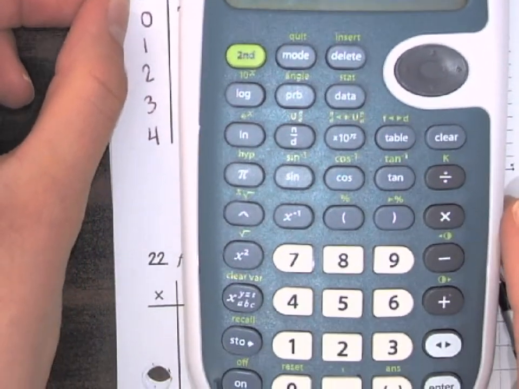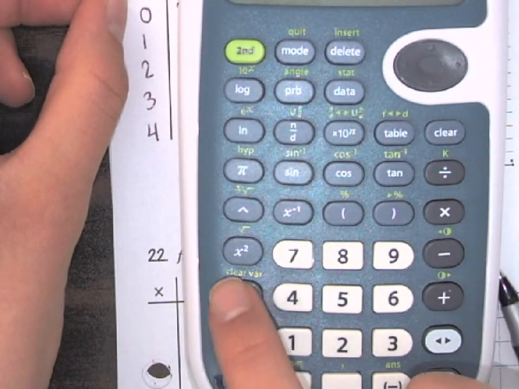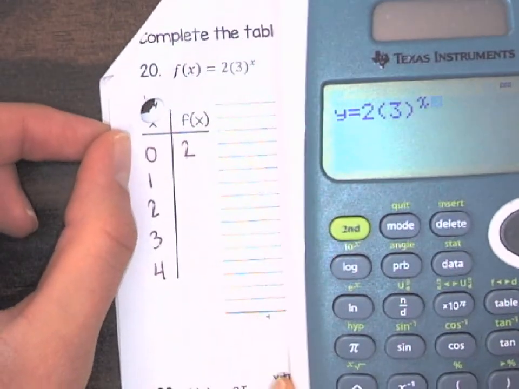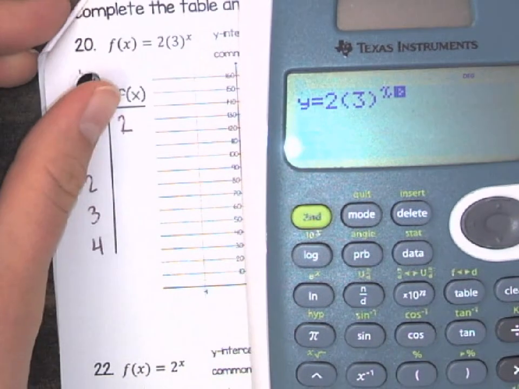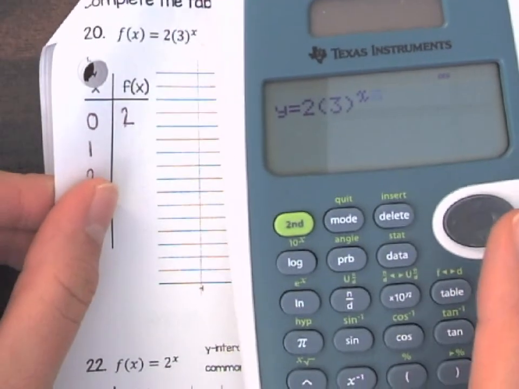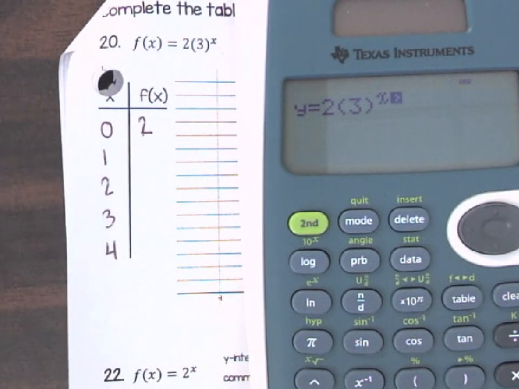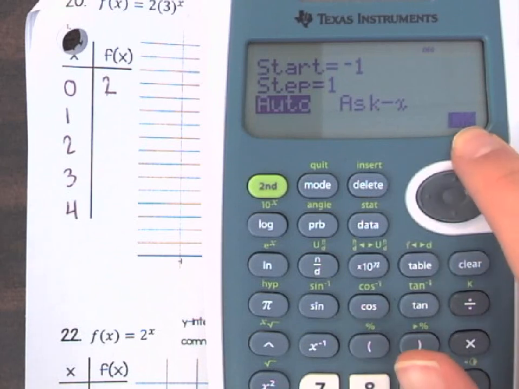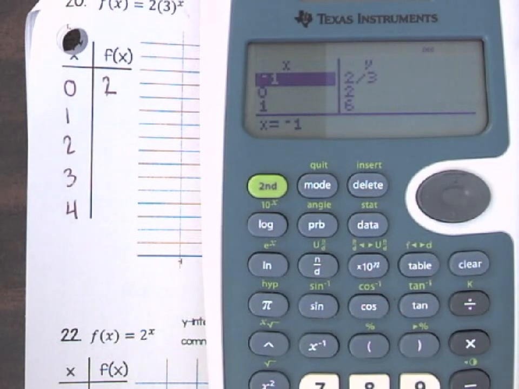And remember, to get the x, it's this button right here with all the letters on it next to the 4. We press that, and it's typed in my equation just like it was on my page. I think I need to turn the light off for this to show up a little better on the calculator. Okay. So now what we do is we press enter, scroll down till you have the word OK highlighted, and press enter again. And it'll give you this table.